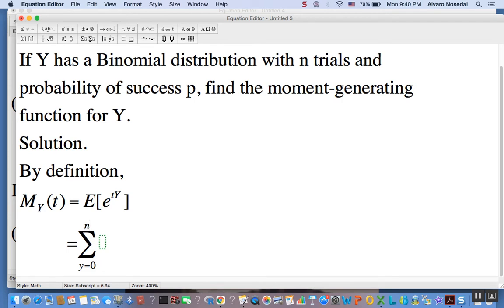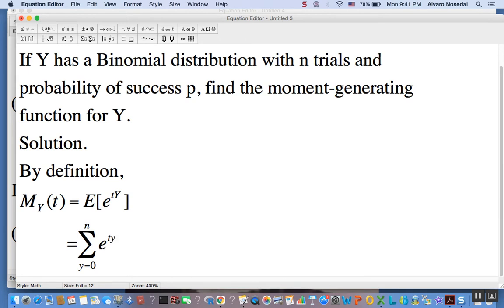In this case, y goes from 0 up to n. Y represents the number of successes in a series of n trials. So we could have 0 successes, 1, 2, up to n, and anything in between. The expected value of g of y would be the sum of g of y, in this case this guy, a function of y, times the probability that the random variable assumes that particular value y.